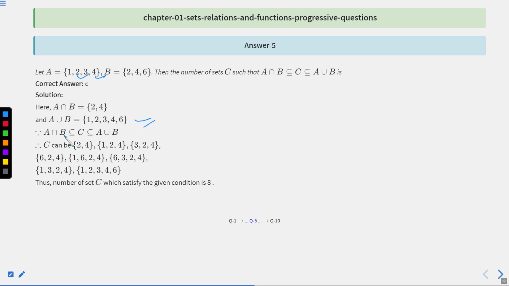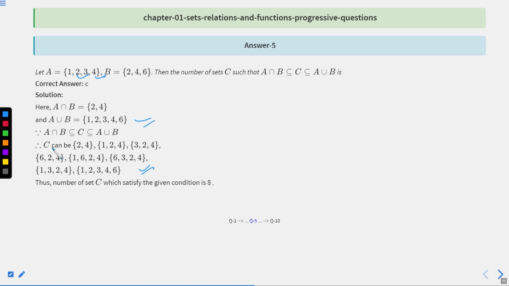Now clearly, A ∩ B is a subset of C, which is a subset of A ∪ B. What can C be? C can be {2, 4}, {1, 2, 4}, {2, 3, 4}, {2, 4, 6}, {1, 2, 4, 6}, {2, 3, 4, 6}, {1, 2, 3, 4}, {1, 2, 3, 4, 6}, right?